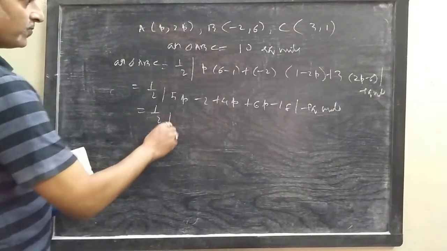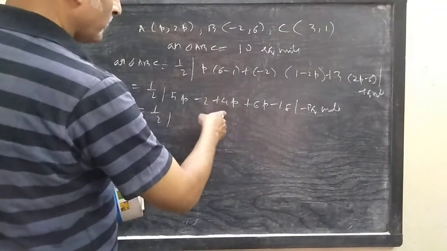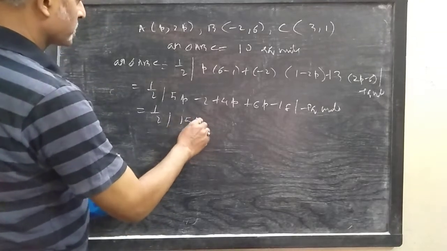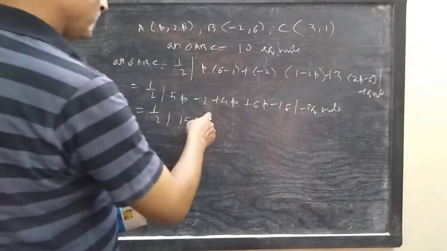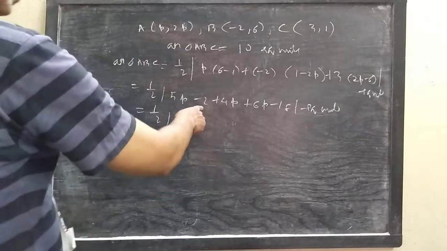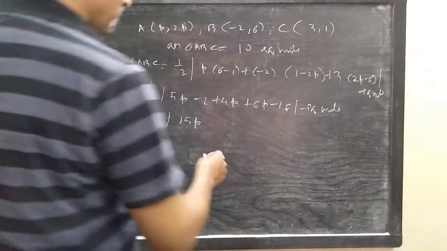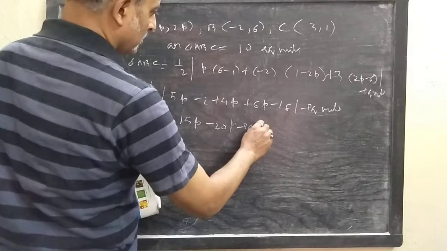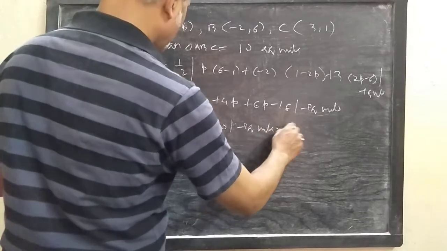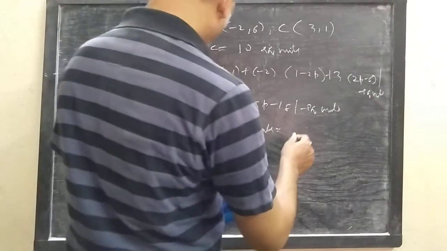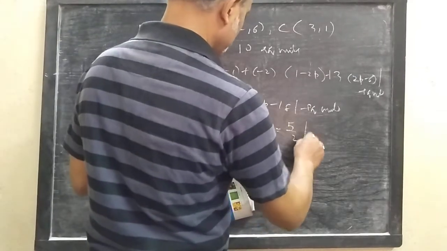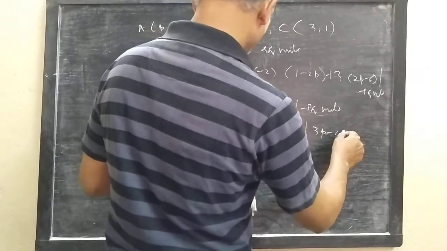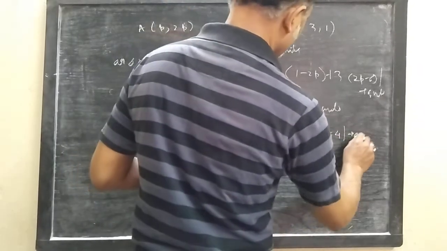This is half, 5p plus 4p plus 6p is 15p, then minus 2 minus 18 is minus 20, square units. So finally you can write 5 by 2 mod 3p minus 4 square units.